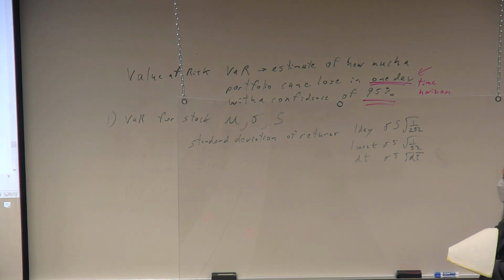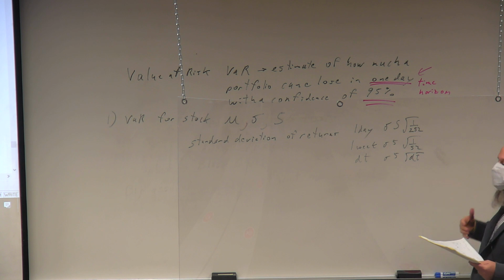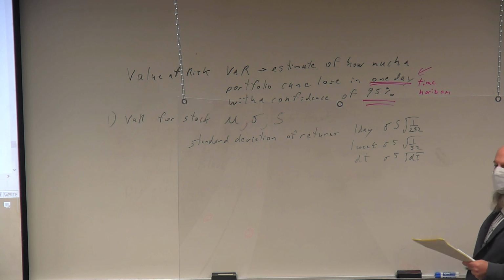So by assuming that the returns are normal, these are in dollars, because the value at risk is supposed to come out to so many dollars. We're 95% sure, we're 99% sure you won't lose more than this amount of money.